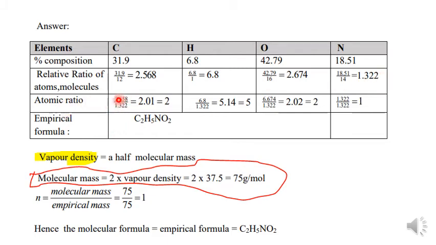Take the smallest one and divide each by the smallest one. The smallest one is this one. We remain with this ratio.